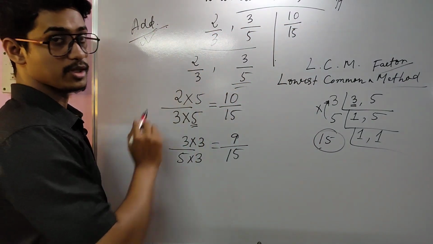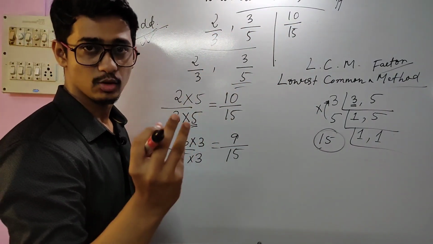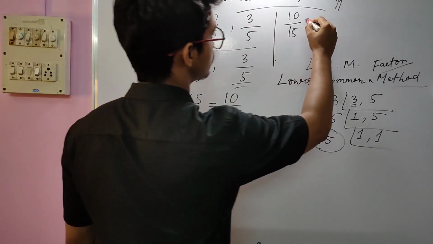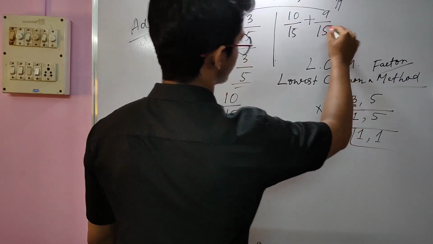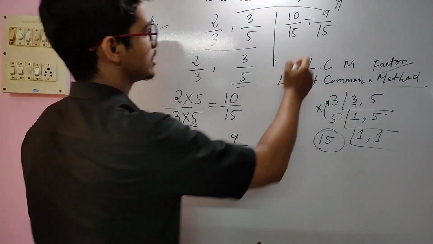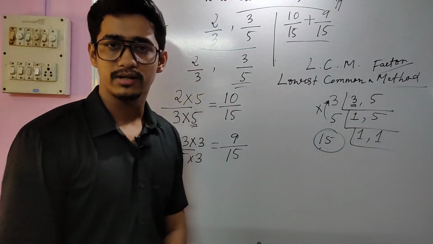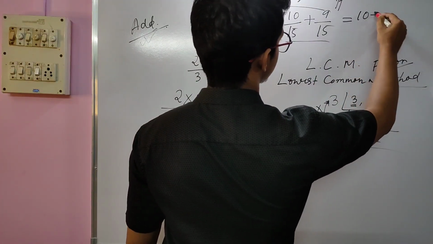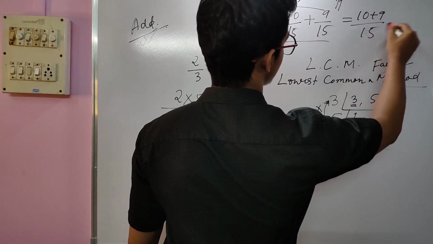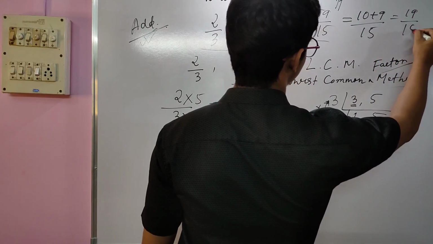That is plus, because the question is add. So we put a plus sign over here and then 9 by 15. Now the same process will repeat because here the denominators are absolutely the same. We can easily calculate it. That is 10 plus 9 by 15, which is 19 by 15.